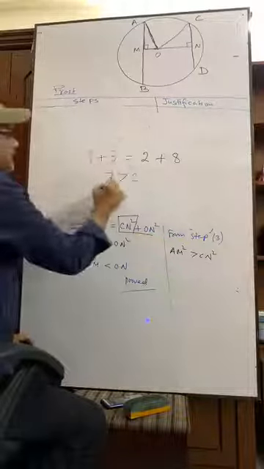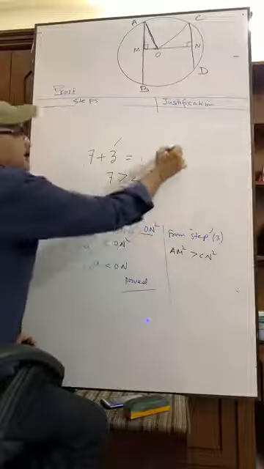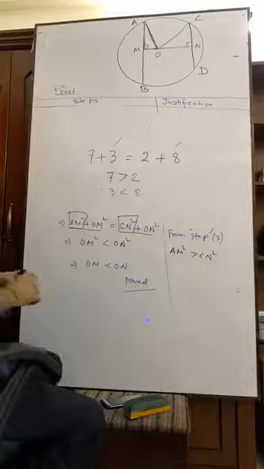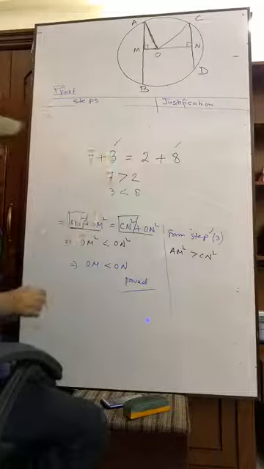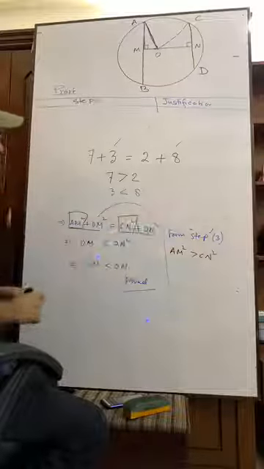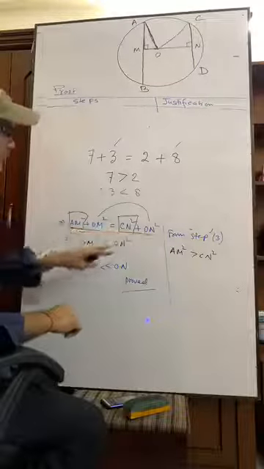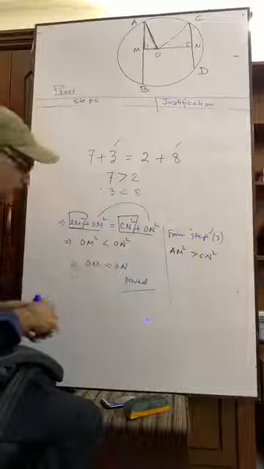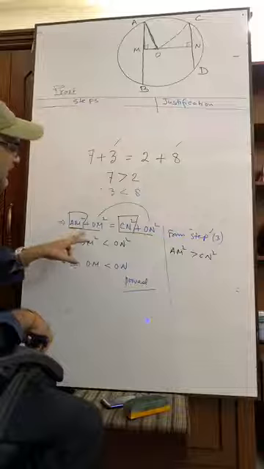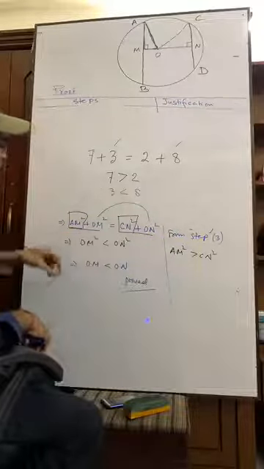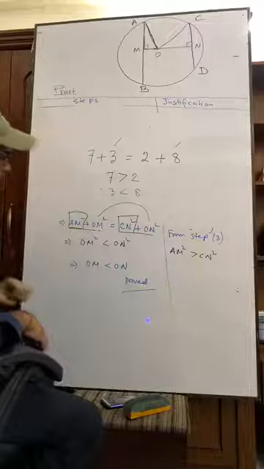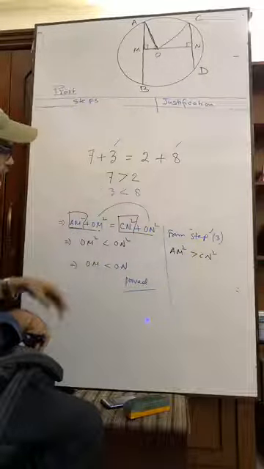This 3 is less than this 8. So OM square is less than ON square. As this is greater than this, so this is less than this. So this is all here.